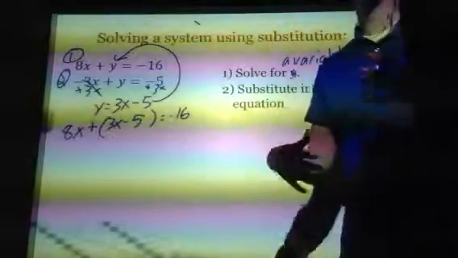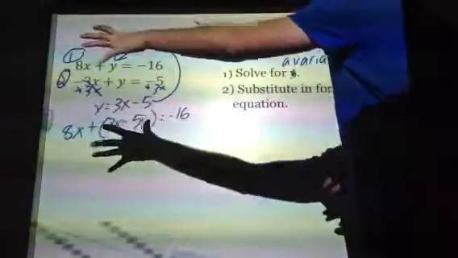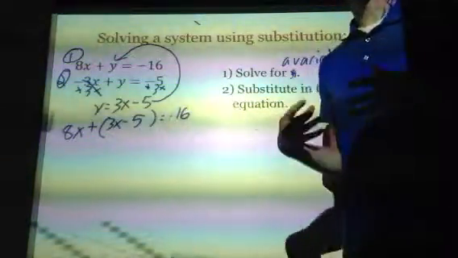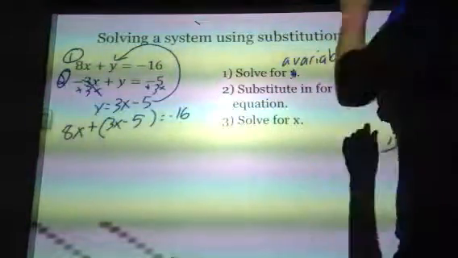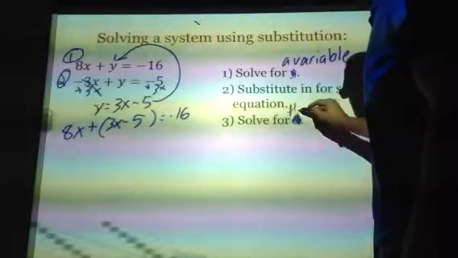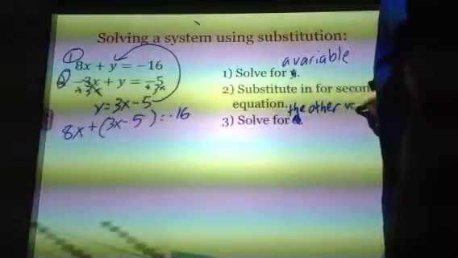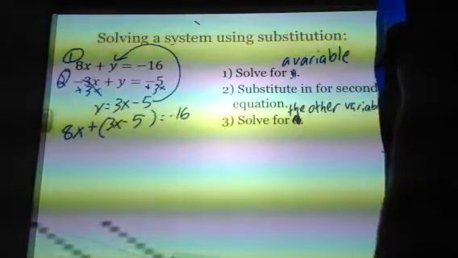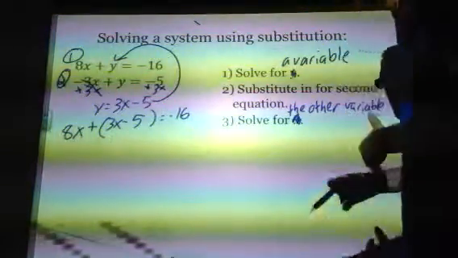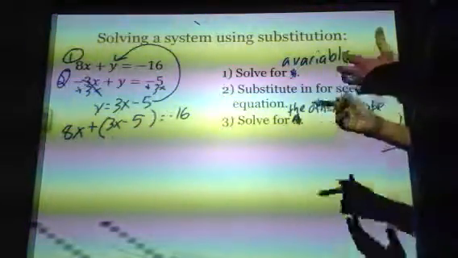Okay, the reason that we're trying to do that is there are only x's in our equation now, so we can solve for x. We can find out what x is going to be. So there's our third step. So we solve for a variable in step 1. Now we're solving for the other variable. We're giving the other variable a numerical value so that we can solve the system.